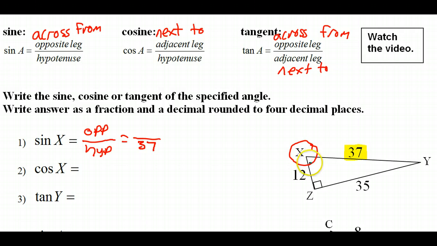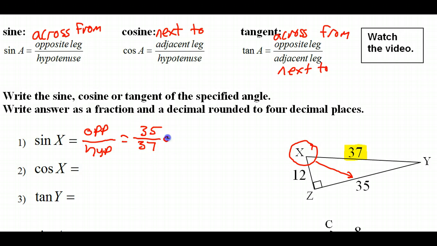Looking at the x, which I just circled, the opposite is the leg that's across from it, the one that's further away. Which leg is across from x, 12 or 35? 35. So opposite over hypotenuse is 35 over 37. That's the answer to number 1. Just a fraction. Simple.